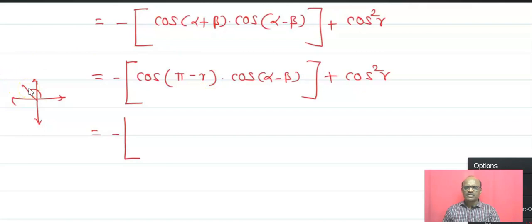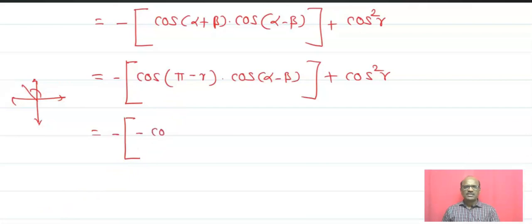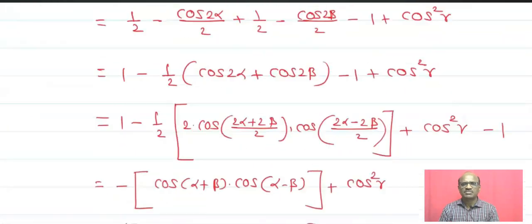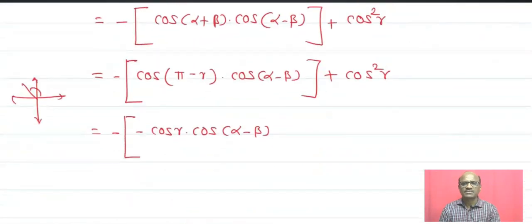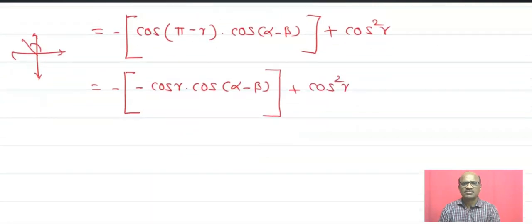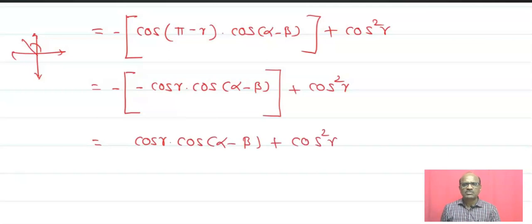In the second quadrant cos is negative, therefore it is minus cos of gamma. Now it is written as minus cos of gamma into cos of alpha minus beta plus cos square gamma. Now this minus minus will become plus, that is cos of gamma into cos of alpha minus beta plus cos square gamma.